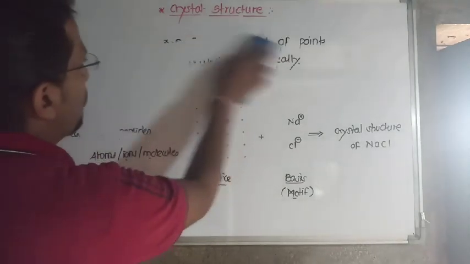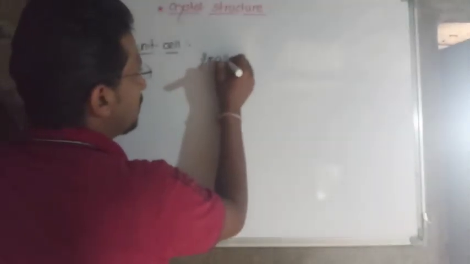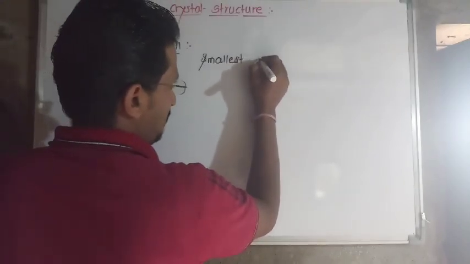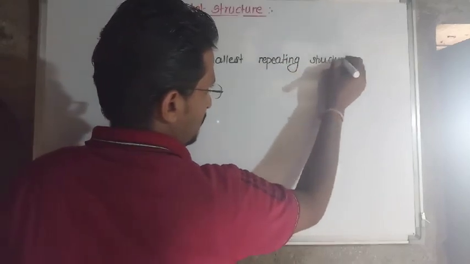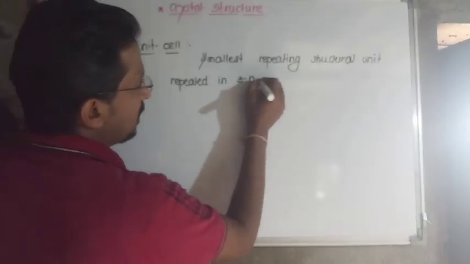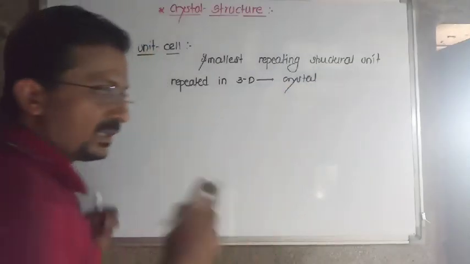Now the next very important point is the unit cell. The unit cell is the smallest repeating structural unit which, when repeated in three dimensions, results in the formation of the whole crystal.